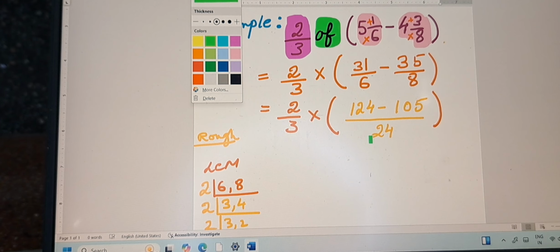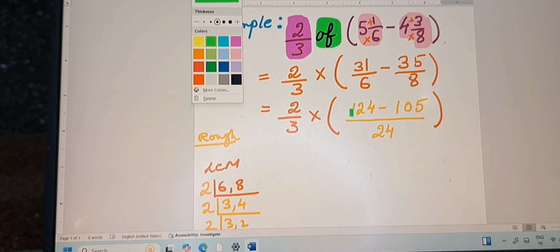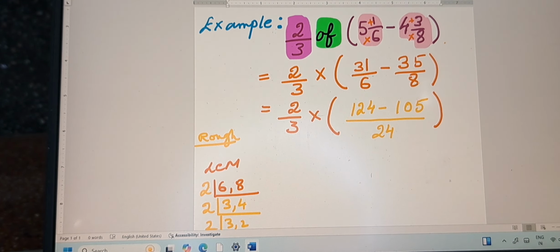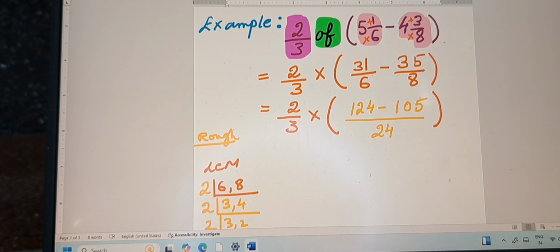So the application is division. After that I am multiplying by 31, so the answer is 124. Same thing over here. 8 how many times 24? I am dividing, then I need to multiply by 35. So the answer is 105.